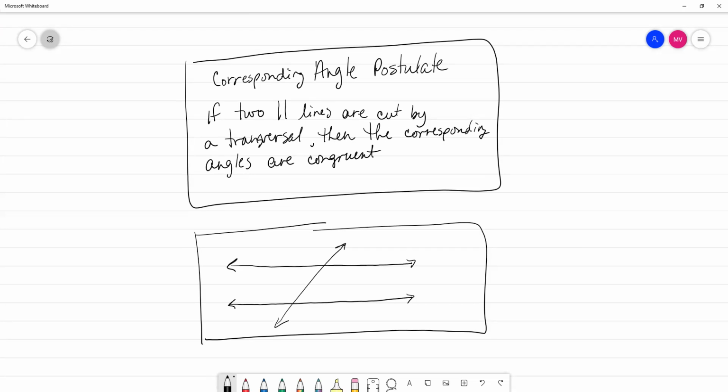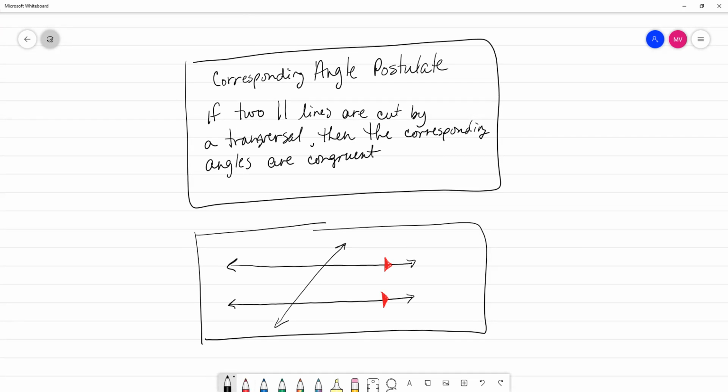Now, I want y'all to notice something. This red arrow that they have, if you see this on a quiz, test or example, that is telling you that those two lines are parallel.